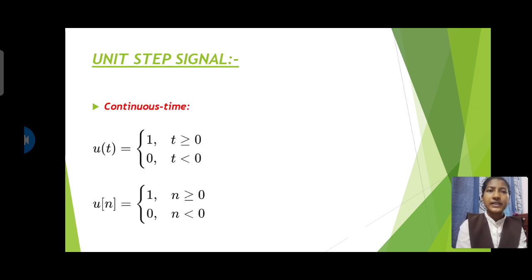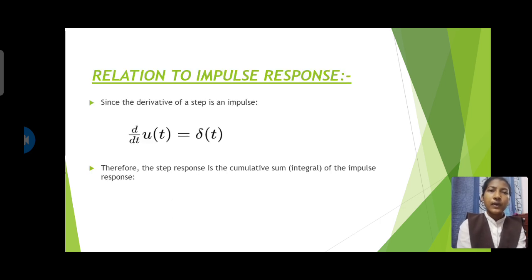For the unit step signal, for continuous, u of t is equal to 1 for t greater than or equal to 0 and 0 for t less than 0. Similarly, u of n is equal to 1 for n greater than or equal to 0 and 0 for n less than 0. What is the relationship to impulse response?